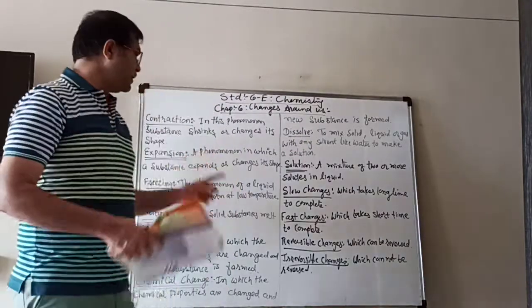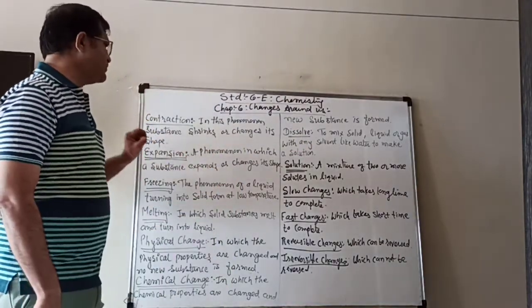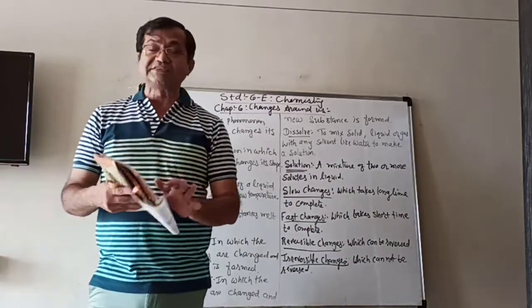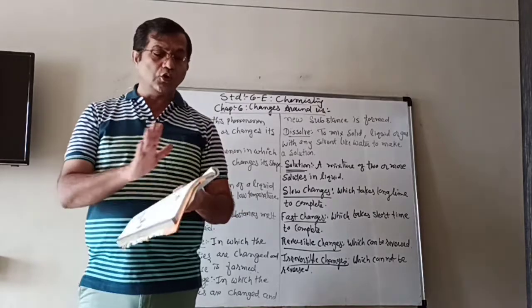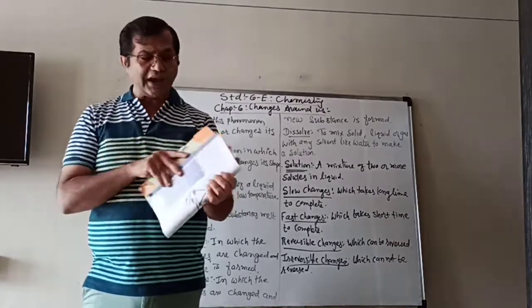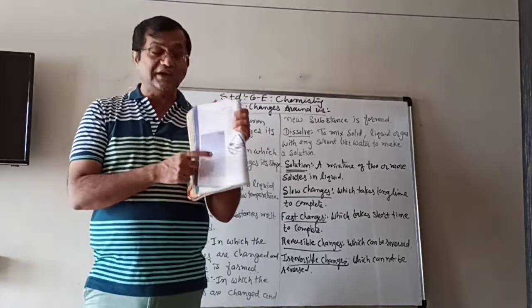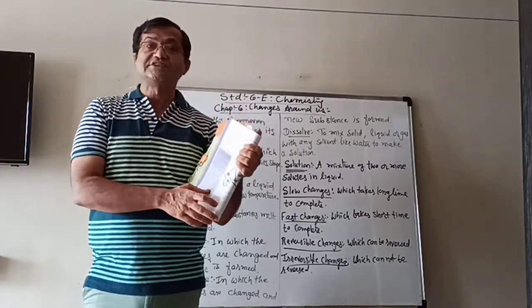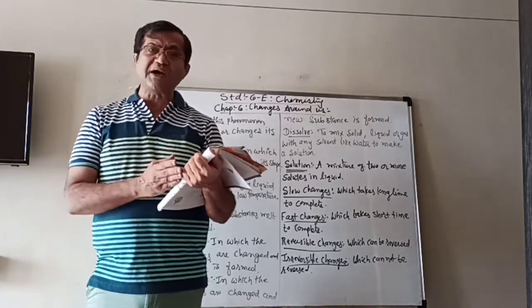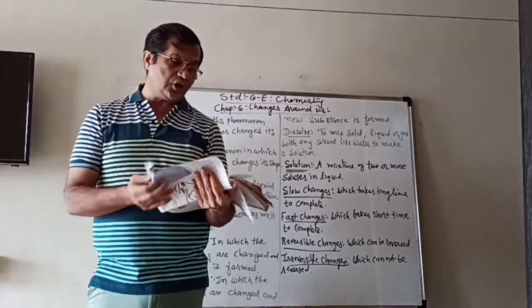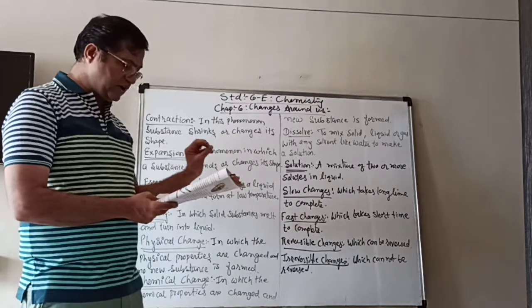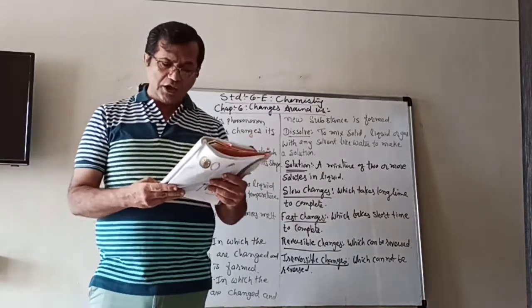So here contraction and expansion are the phenomena which change the shape, and that makes it possible to fix the rim on the wooden cart wheel, and also to fix the handles of these tools so that they don't come off. So that is what we learn here.